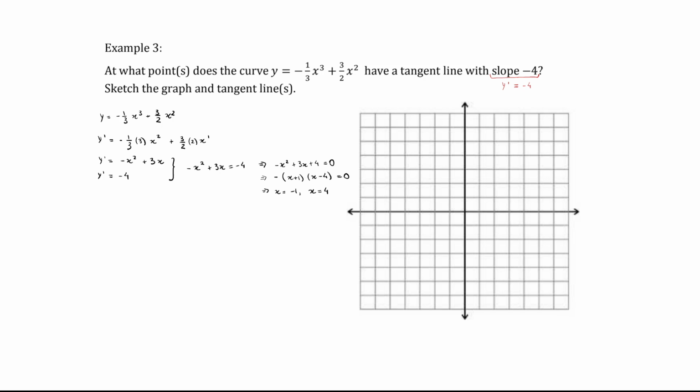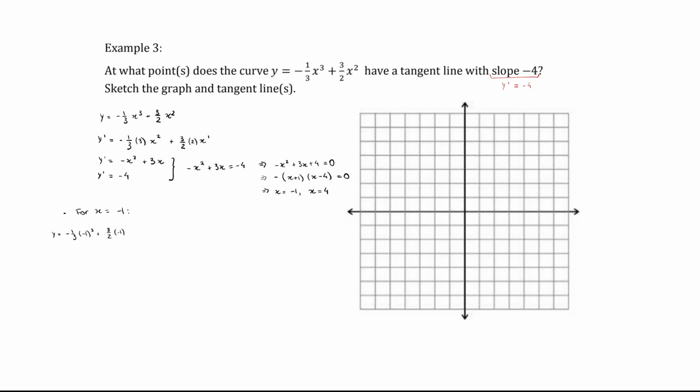So let's find the equations of these tangent lines for both of these values. So right here, for x is equal to -1, I'm going to have a y value, plugging -1 into the original equation: -1/3 times -1 to the power of 3 plus 3/2 times -1 to the power of 2.